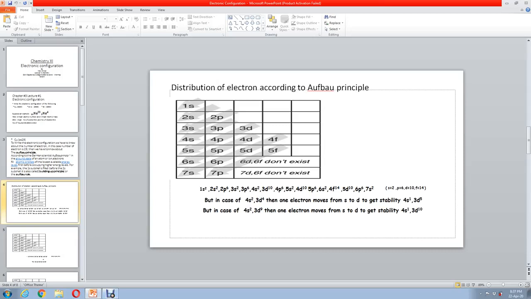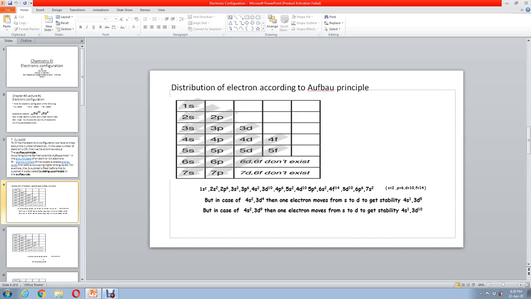In this figure, we have first filled 1s, then 2s, then 2p, then 3s, then 3p, 4s, 3d, 4p, 5s, 4d, 5p, 6s, 4f, 5d, 6p and 7s.